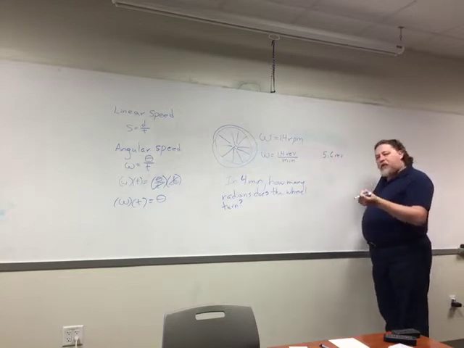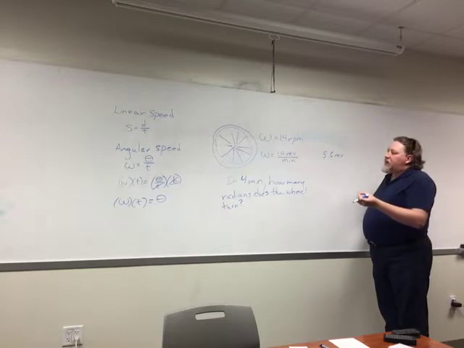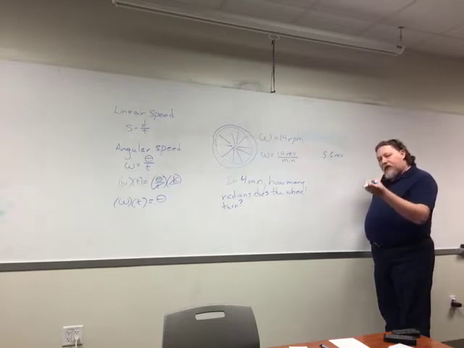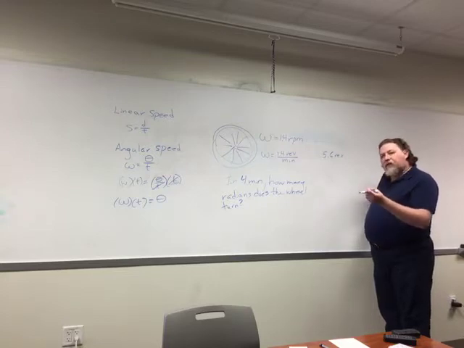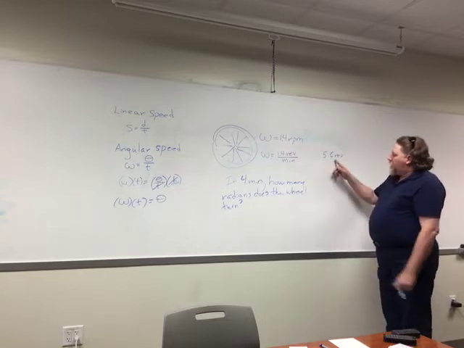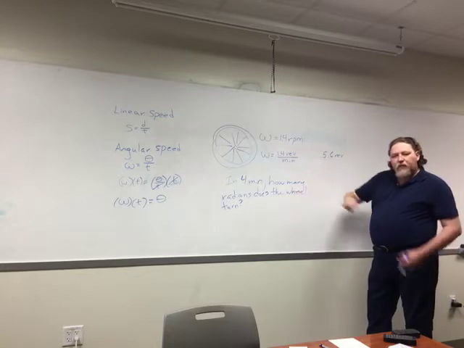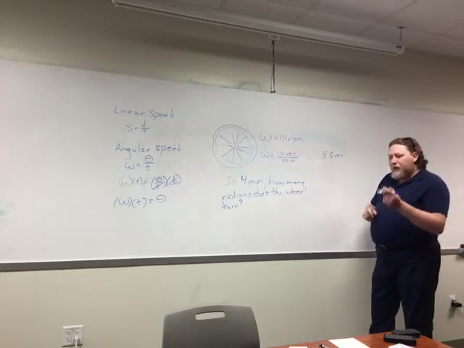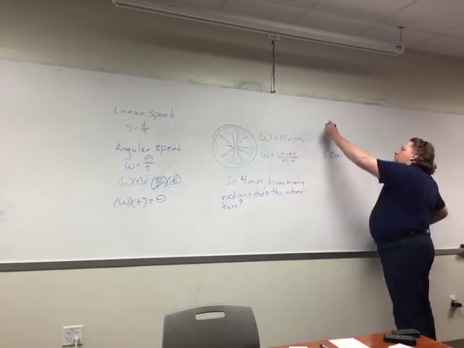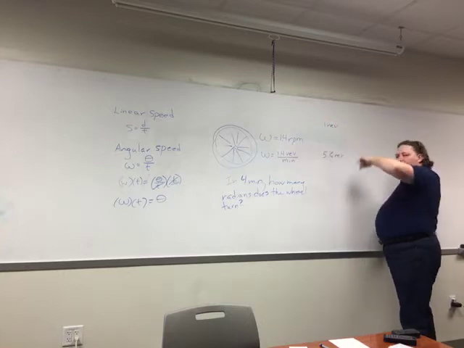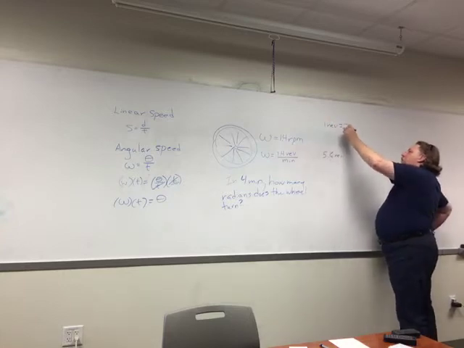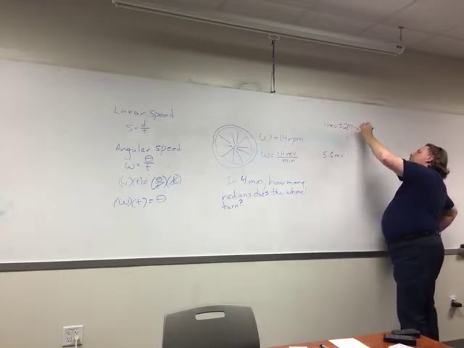And what I want to do now is reach back into some other things that I learned in chemistry and in earth science and in physics, how to do a unit conversion. Because 5.6 revolutions, that is an angle. It's just not an angle in radians. But remember, we know that 1 revolution, 1 complete turn, is 2 pi radians.